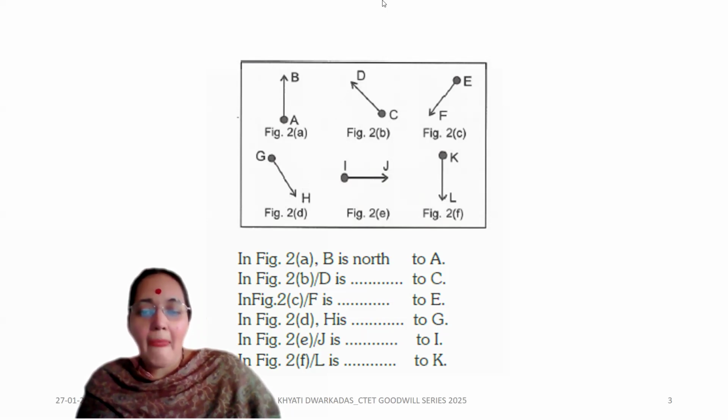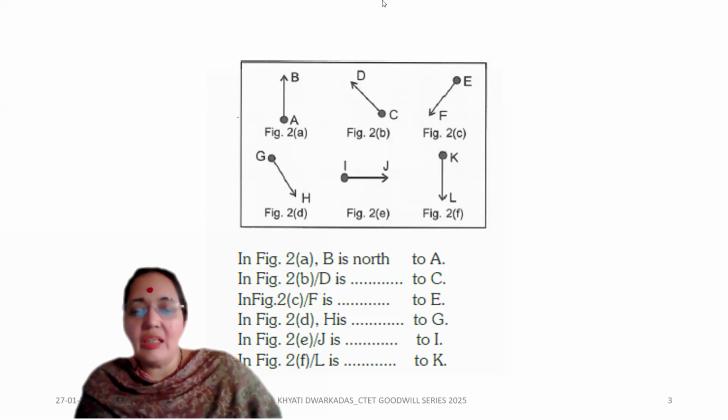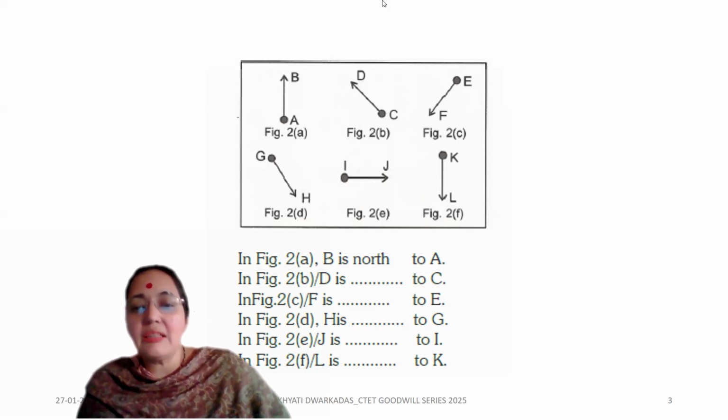Okay, now in figure 2D, alphabet H is dashed to G. Very good. Ruby ma'am and Surya ma'am have both got the answer correct.